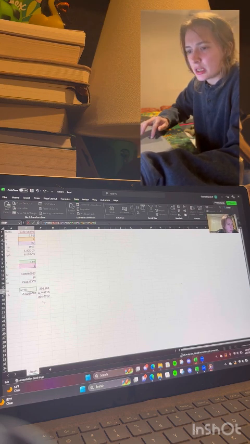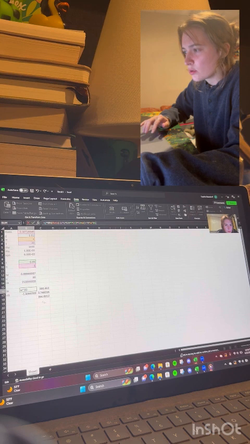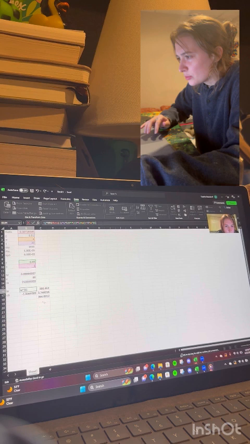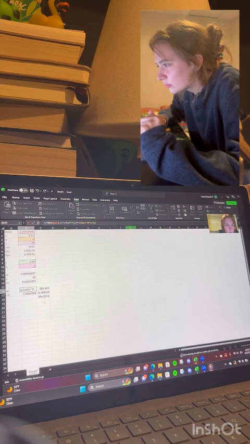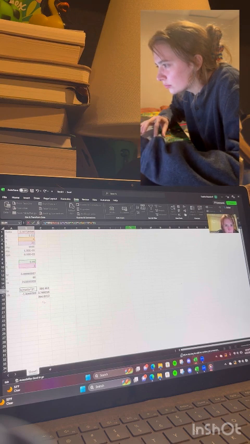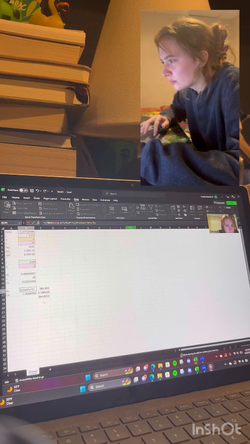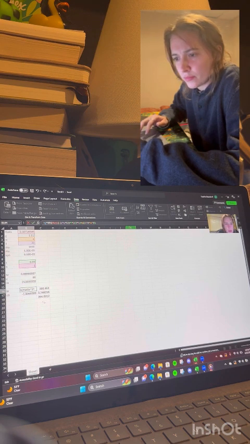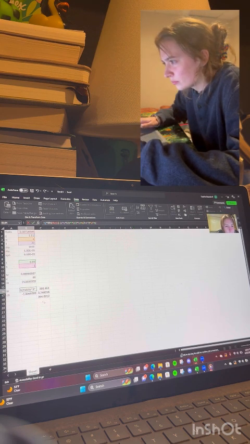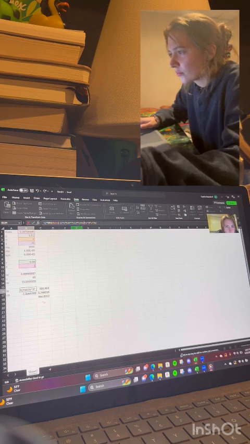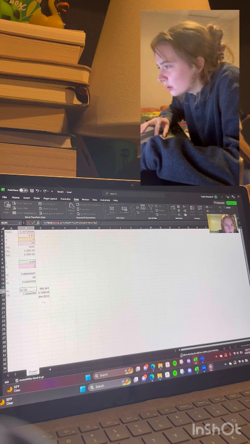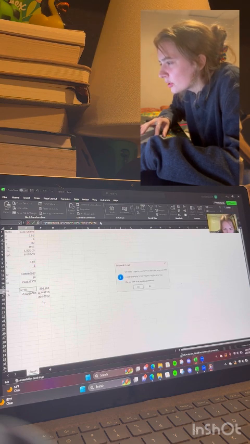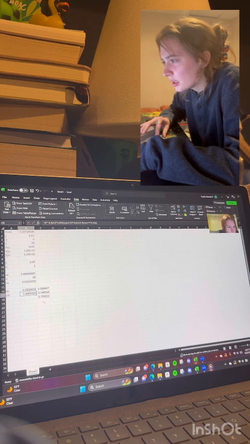G sine theta minus Q squared times 1/2 F times... maybe it's this. Yeah, that's the numerator. That should be the denominator.